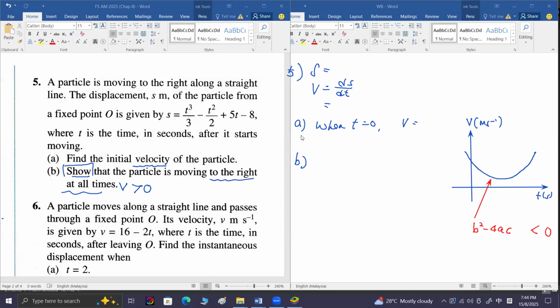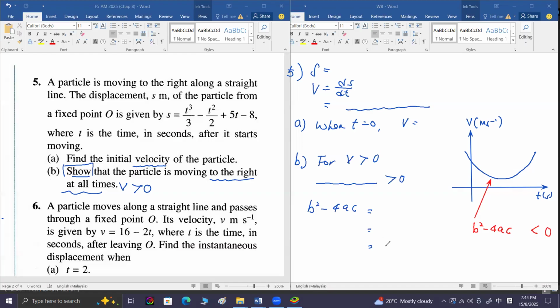So what do you need to do? From the velocity that you get, you explain that v is always greater than 0. You copy what you have here, and then you do b squared minus 4ac until you get a negative value.